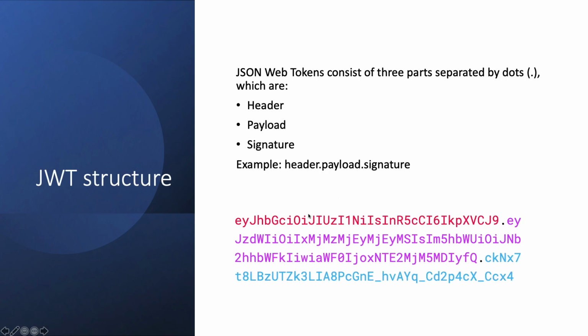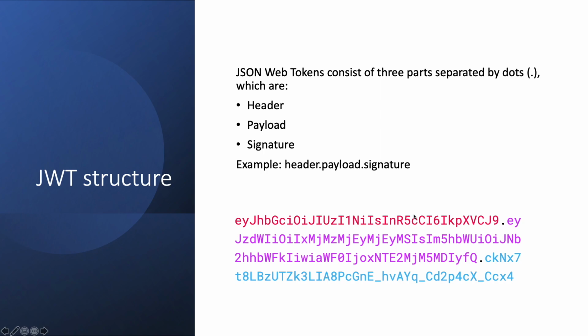So here, for example, the secret is going to encode the information in the header, and then it's going to encode the information in the payload. The verification process is going to regenerate the signature based on the information inside the header and the payload.